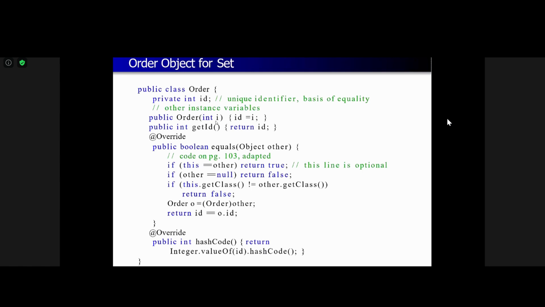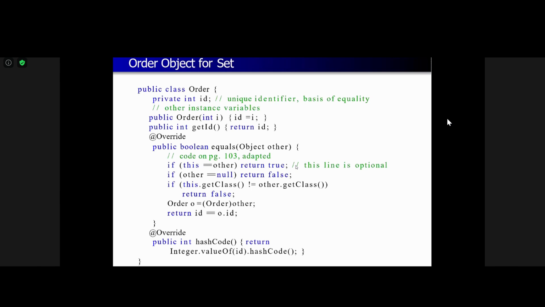Well, as I said, we really should copy other code. So if you look at page 103, you'll see this basic code for a different object. This is for performance's sake. If the two objects we're talking about, the current one, this, and the other one coming in as the other object, are identical, it's the same object, so you can return true right away.